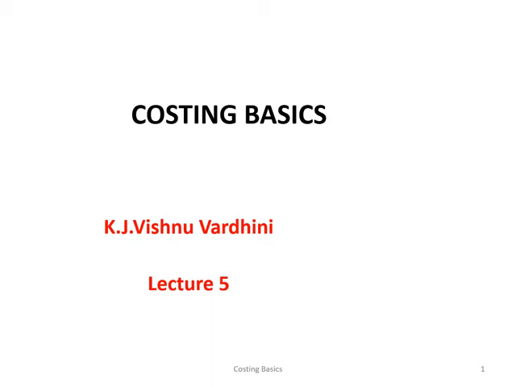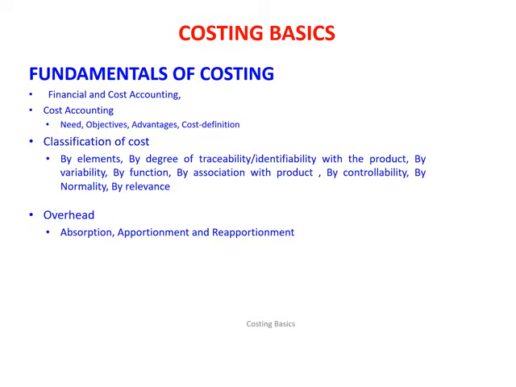This is the next lecture to understand the basics of costing. So we have already seen the differences between financial and cost accounting, need for cost accounting, its advantages and objectives, and then we went into the details of classification of costs with the various examples for the classifications.